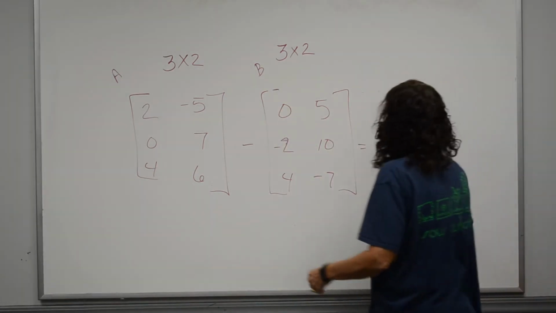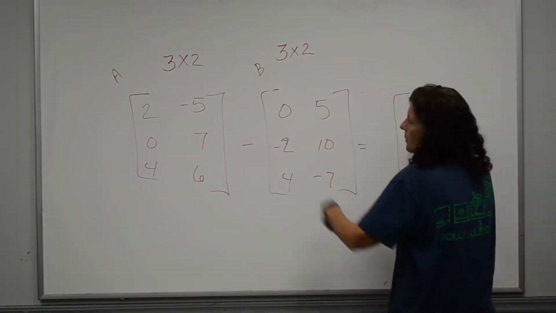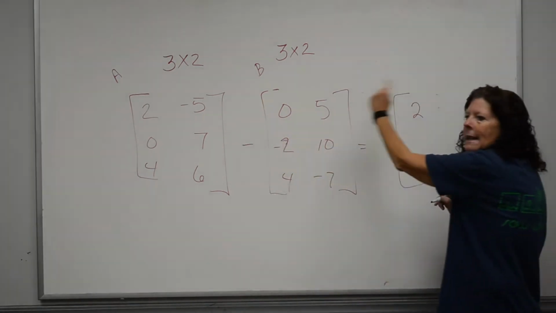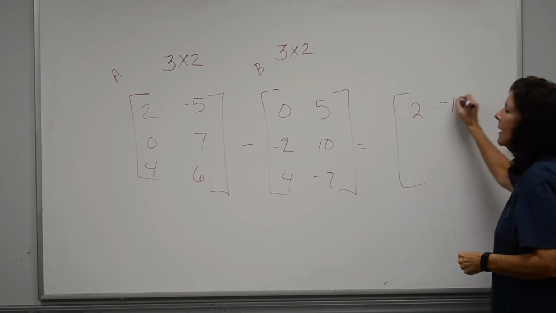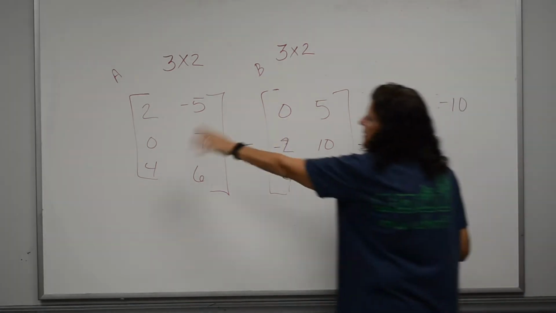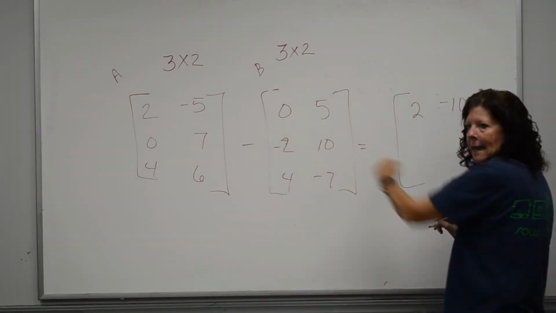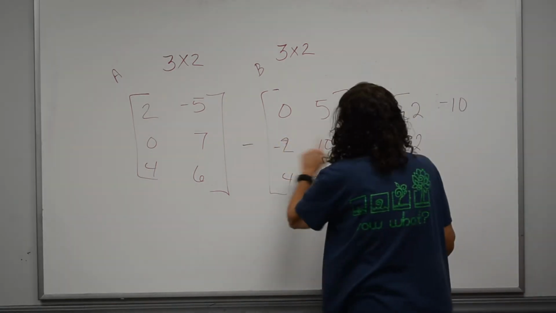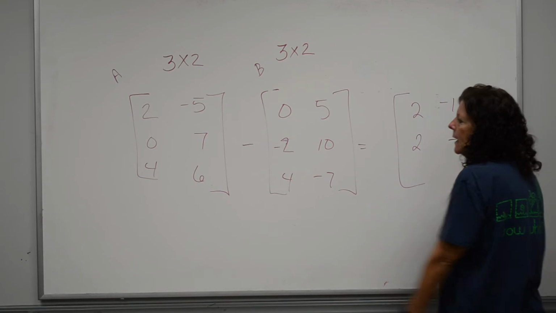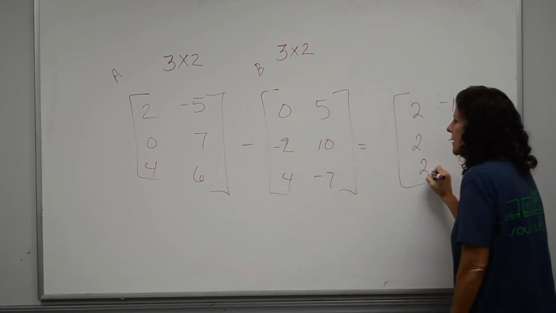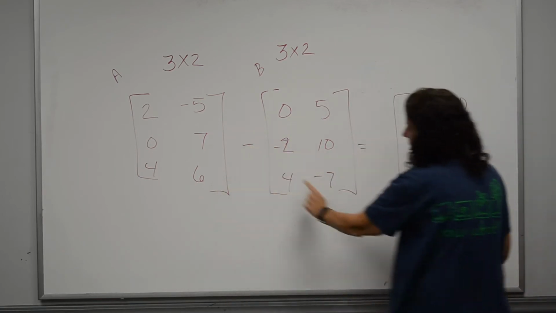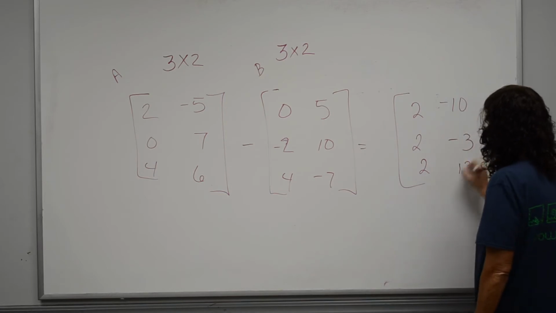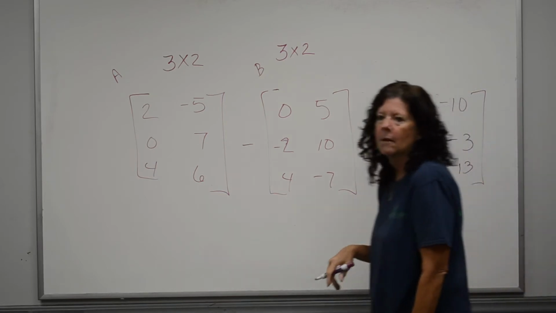So you can go, 2 minus 0 is 2. -5 minus 5 is -10. 0 minus a -2 is what? 2. 7 minus 10, -3. 6 minus 4 is 2. 6 minus a -6 is 13.